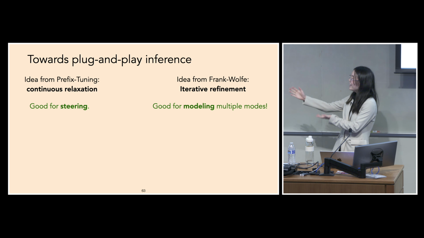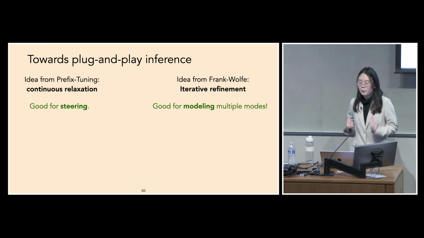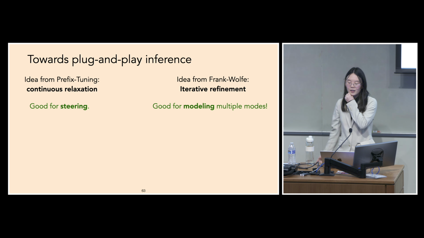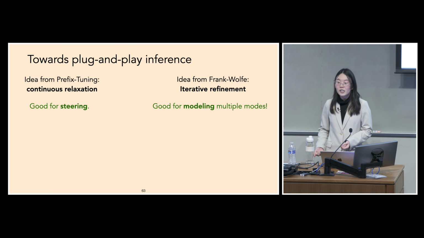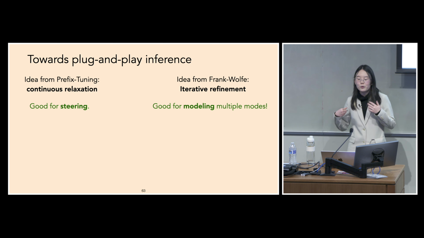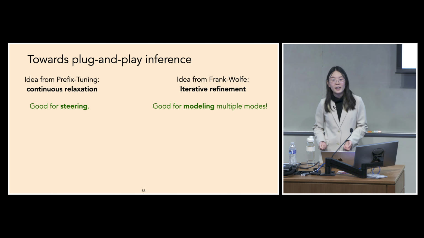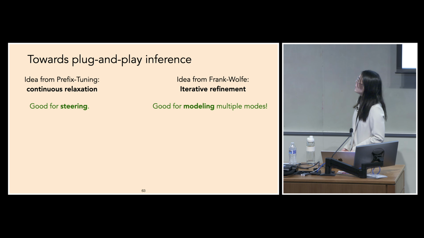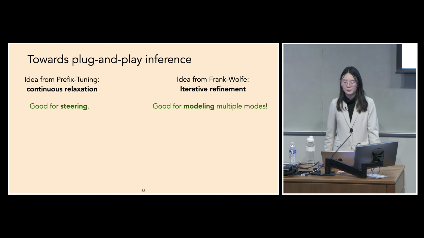So there are two ideas that we have gradually already built up in this presentation. The first idea is continuous relaxation. This is the core idea underlying prefix-tuning. The continuous parameterization space is easy to optimize and good for controlling the language model. The second idea is iterative refinement.